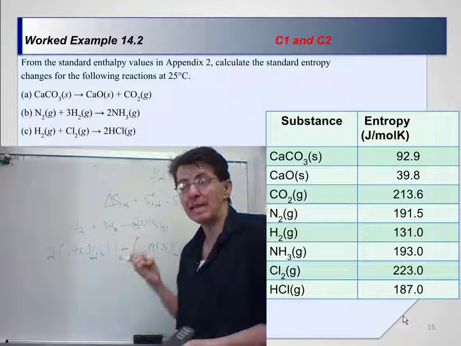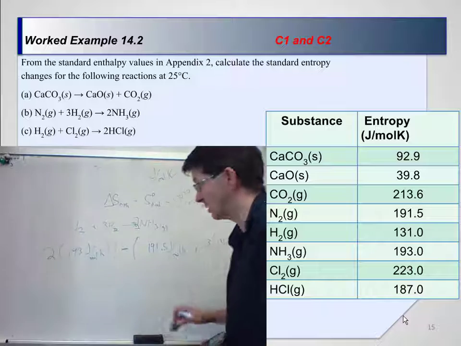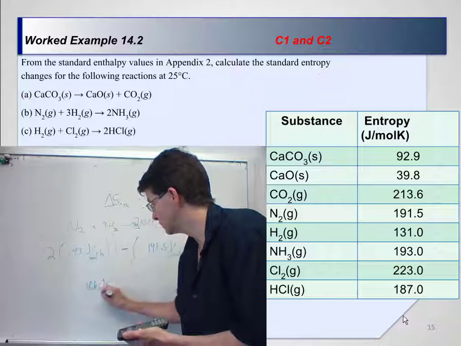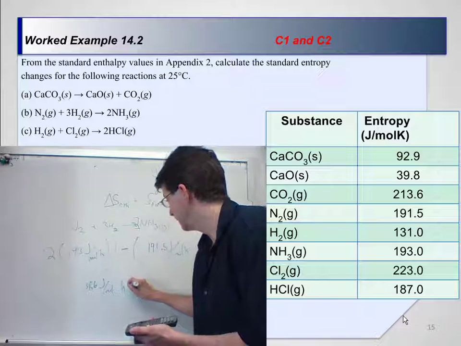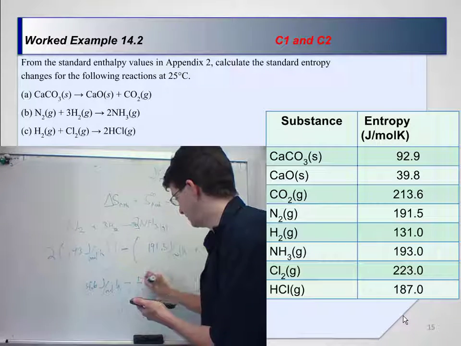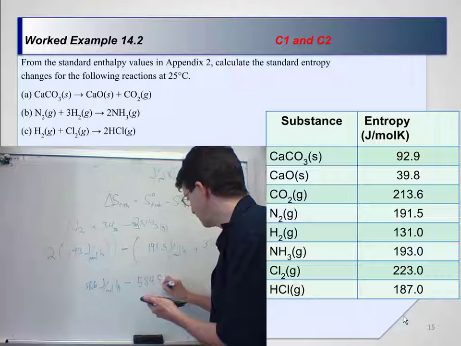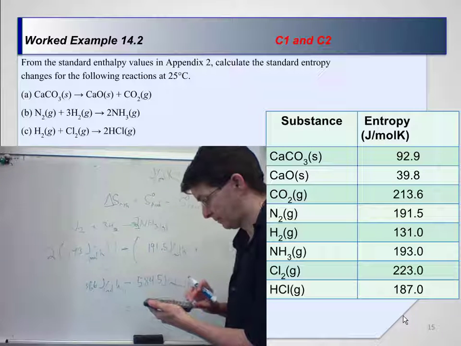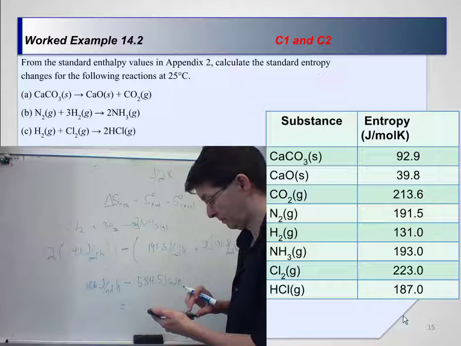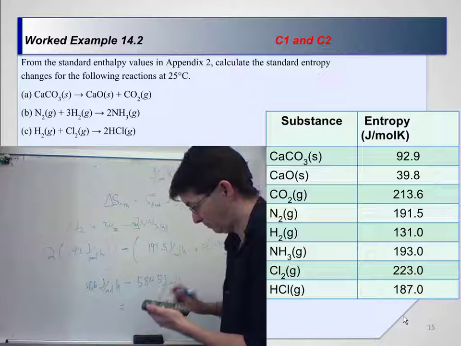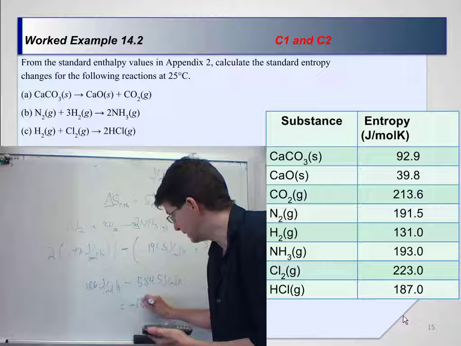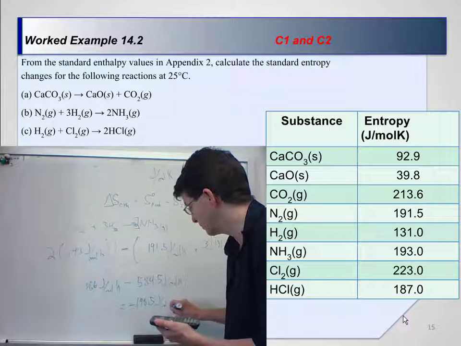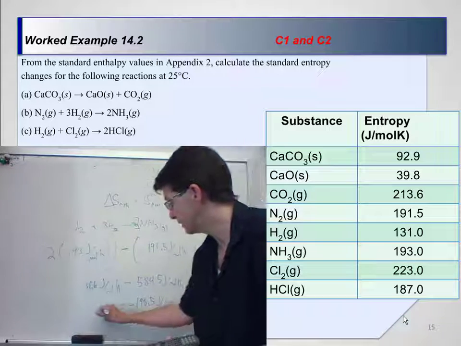We'd expect there to be a negative change in entropy, and the math looks like it works that way. 386 joules per mole Kelvin minus 584.5 joules per mole Kelvin to give us minus 198.5 joules per mole Kelvin for this reaction. So that is delta S of the reaction.